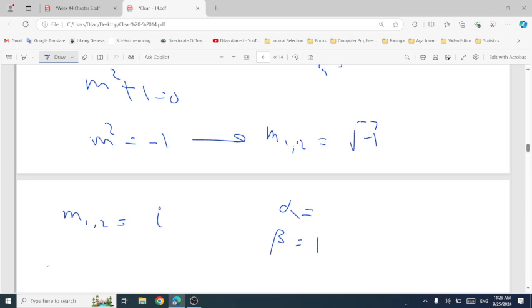Which one is alpha here? Alpha is the real part. Where's the real part? Vanished. Real part is 0. Imaginary part is 1i.